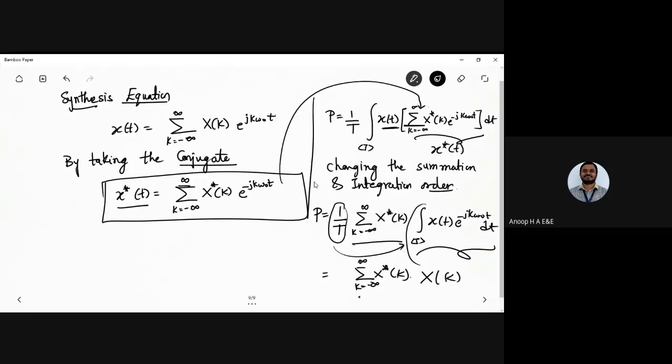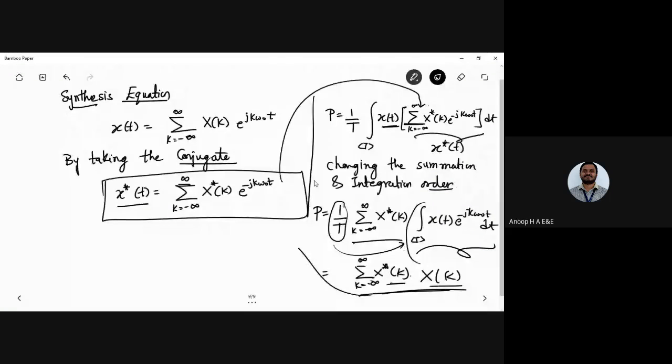You are going to have the summation being multiplied with the conjugate complex Fourier coefficient and also the complex Fourier coefficient. If you take the summation, that would be sigma, again from k equals minus infinity to plus infinity, of x of k and x star of k.